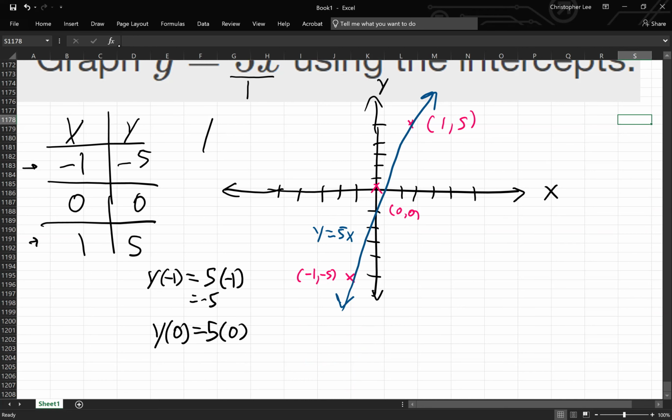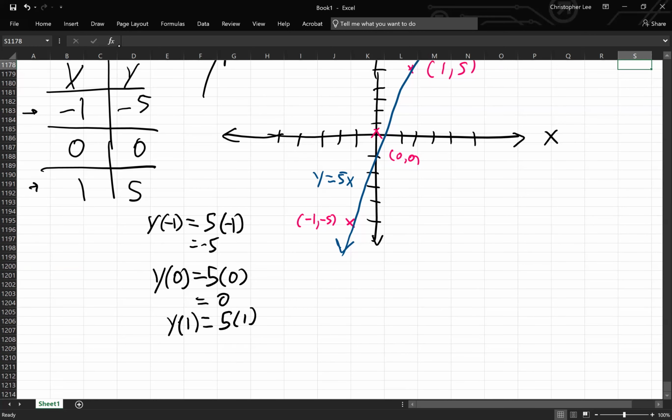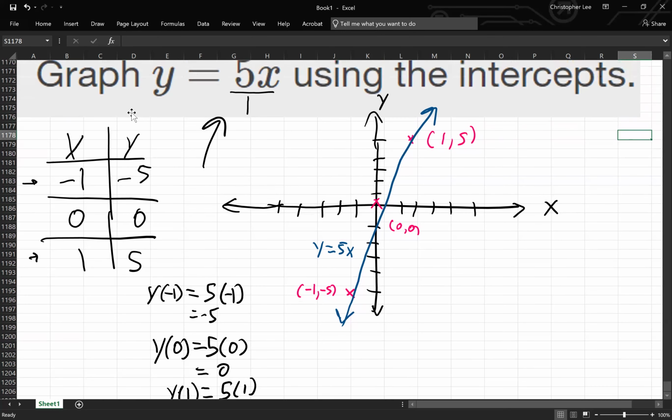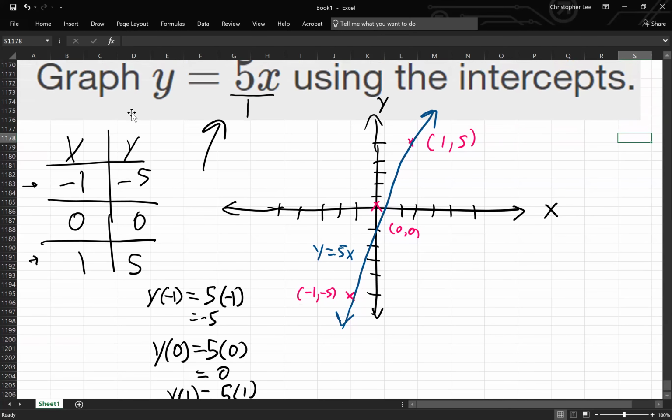I'm just using the equation that we were given up here, right? That's just 0. And then y of 1, this is just 5 times 1. This is 5. So that's how I got the points right there. Just plug it into the original equation that you were given, y equals 5x, and you're good to go.